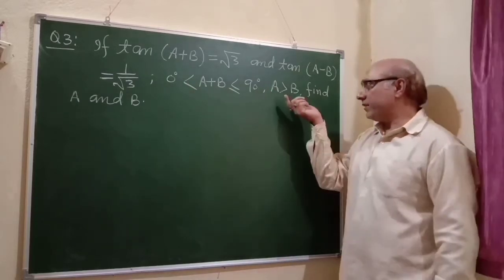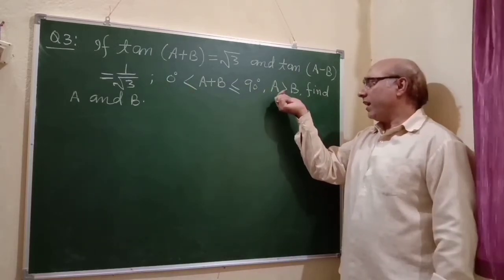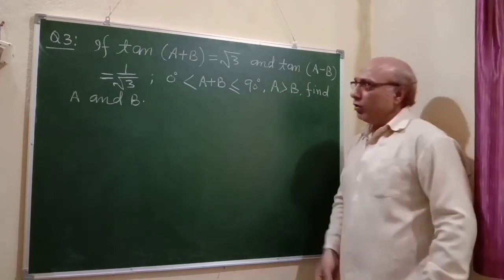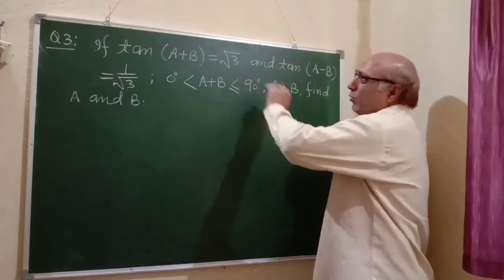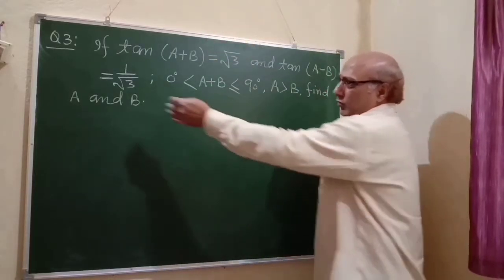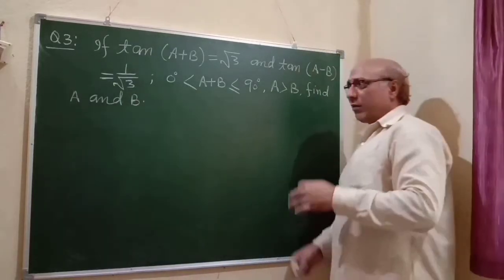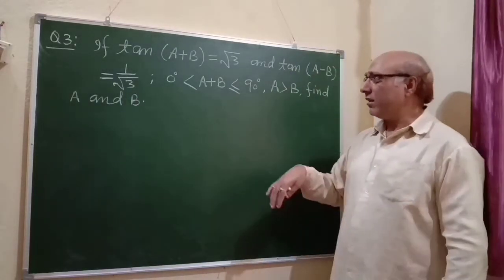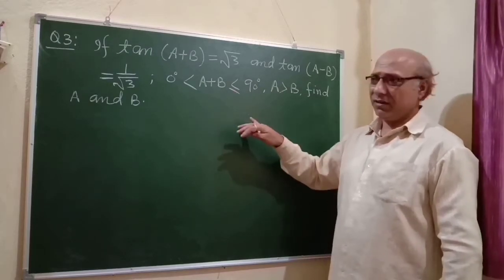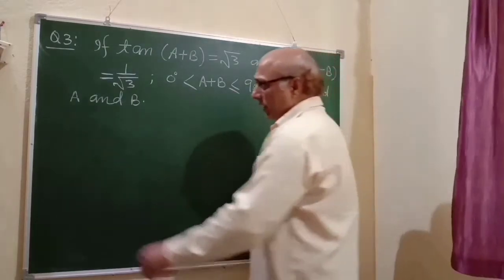And the second condition is that a should be greater than b also. So in this question we first find the solution for a and b, and after that we see whether the condition is fulfilled or not. Let us start.